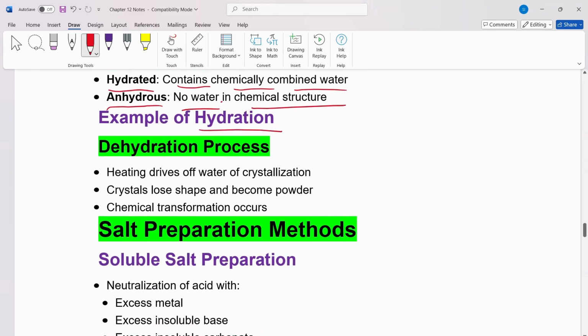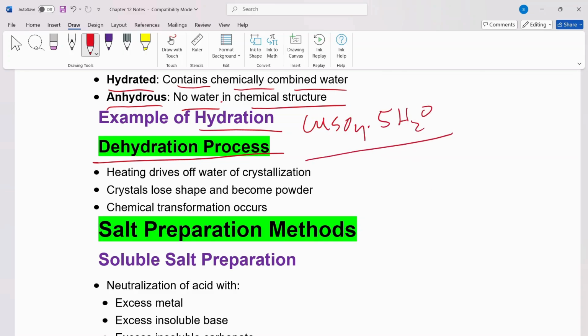An example of hydration is a substance such as CuSO4 which has some water molecules attached with it, so it is a hydrated salt. Now the dehydration process. Heating dries off water of crystallization. Crystals lose shape and become powder.